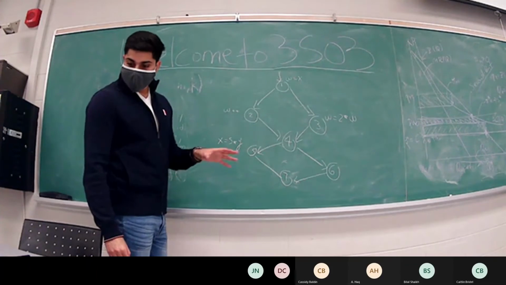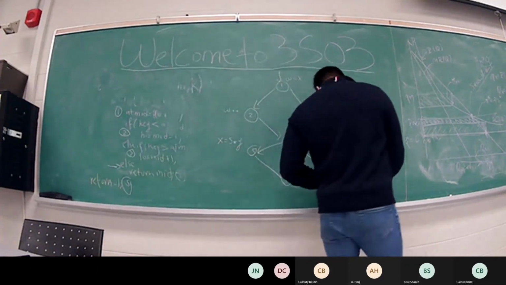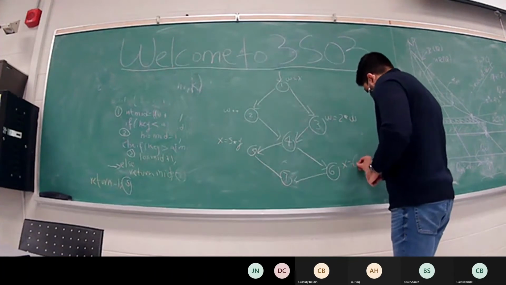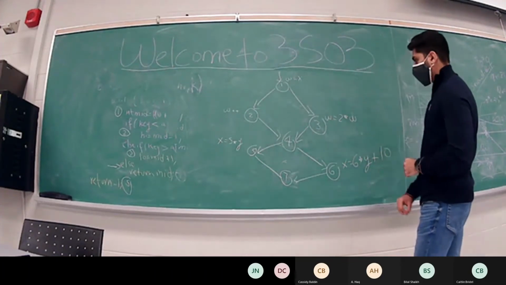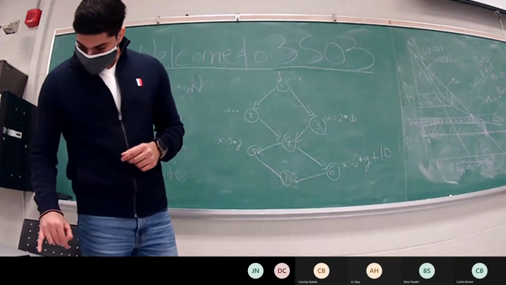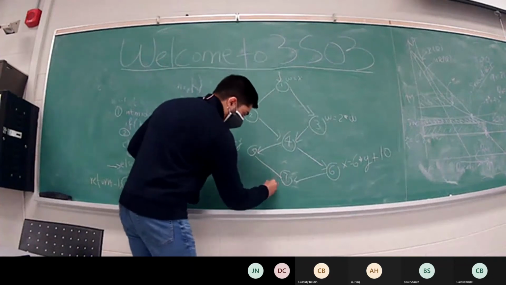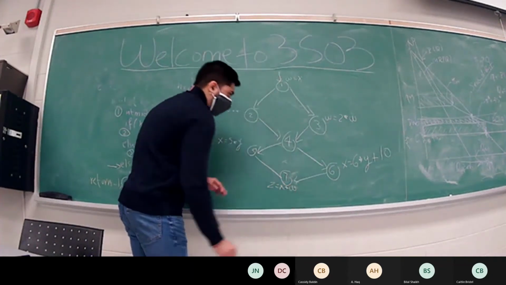At 4, we don't have anything. At 6, we have x equals 6 times y plus 10. And let's see, there's one more. And the last one is z equals x plus w. So these are just statements in your program that are represented through nodes.